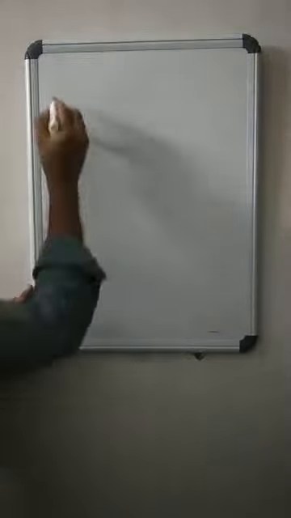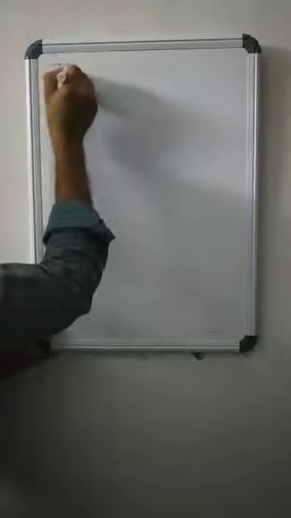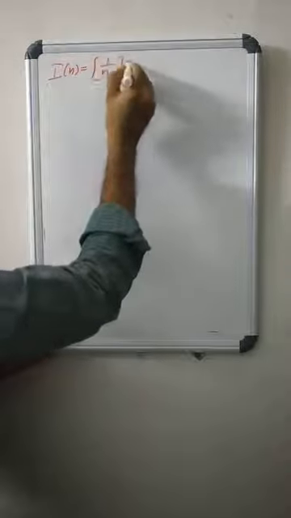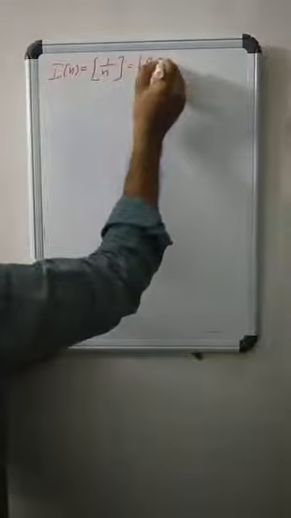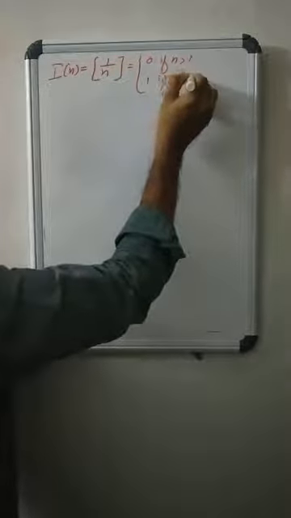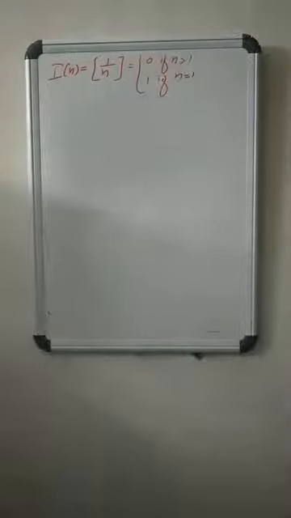Now there is a result. What is an arithmetic identity function? We define the arithmetic function I of n equals greatest integer 1 by n, that equals 0 provided n is greater than 1, and 1 provided n equals 1.